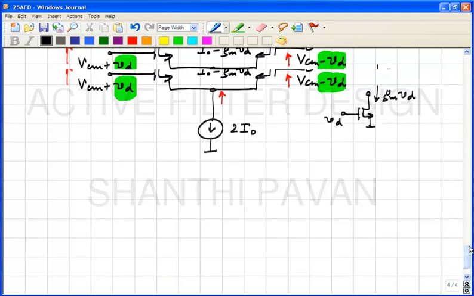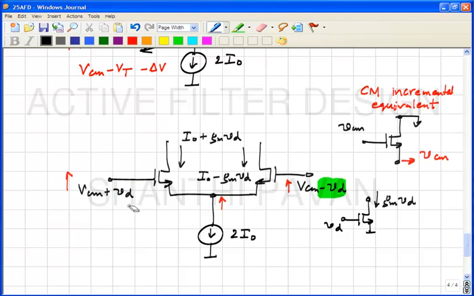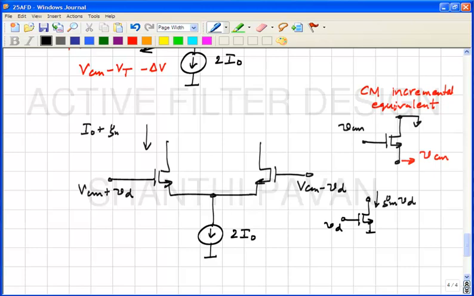So the next logical step is to say this current is I naught plus GM VD. This current is I naught minus GM VD.